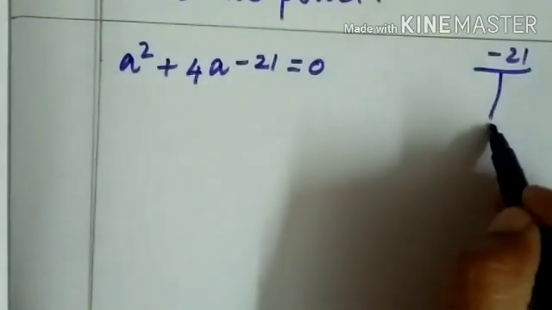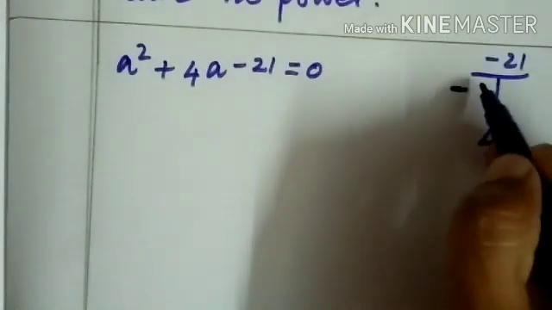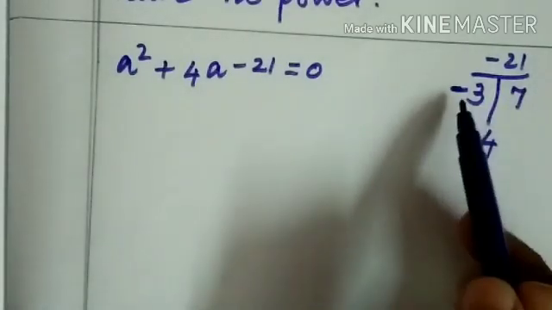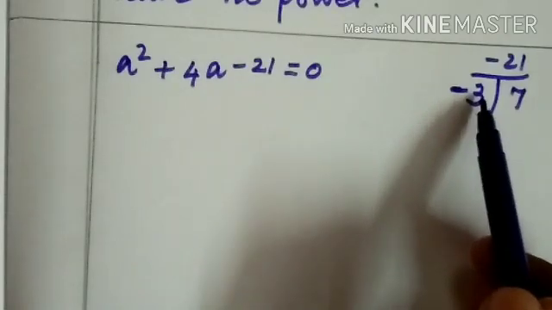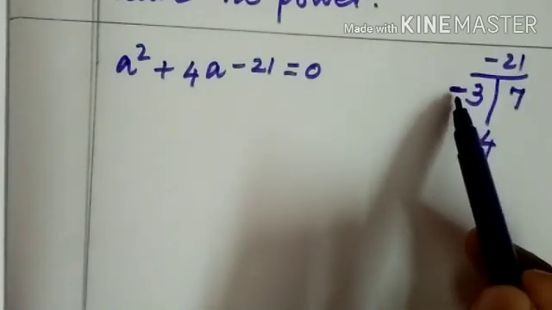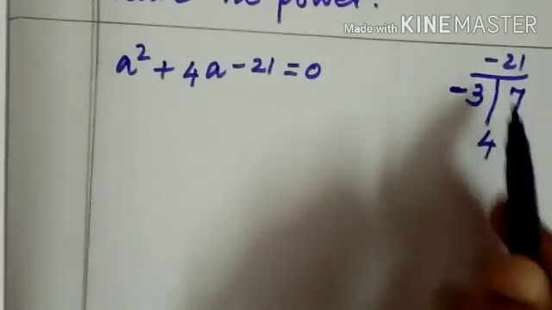Minus 21, 4. The factors are minus 3 and plus 7. Now multiply these: minus 3 into 7 is minus 21. Add minus 3 plus 7, we get plus 4.